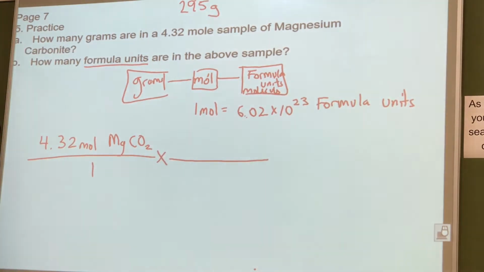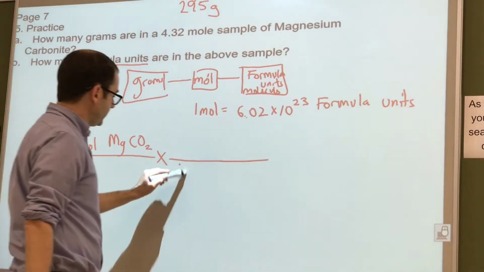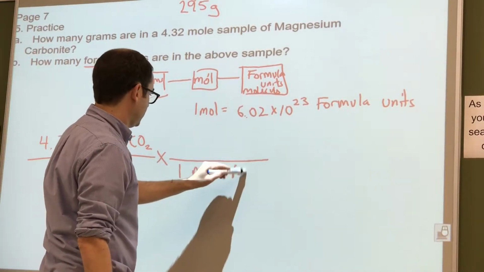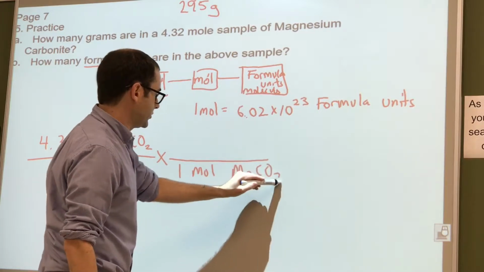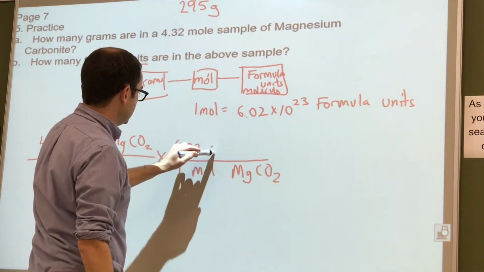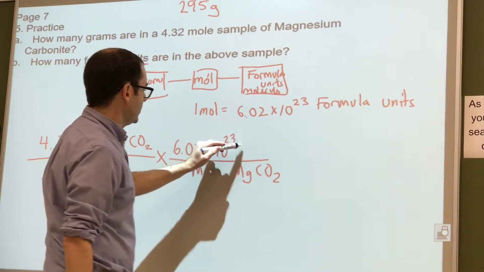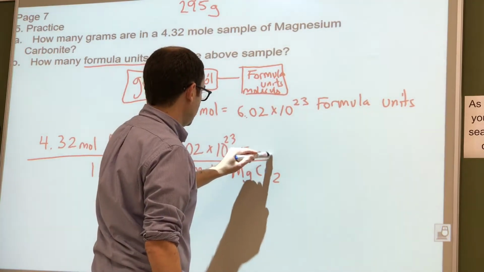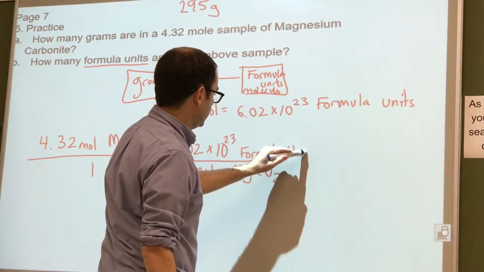All right, what goes on the bottom? Mole. 1 mole again, yep. What goes on the top? Yep, 6.02 times 10 to the 23rd formula units.